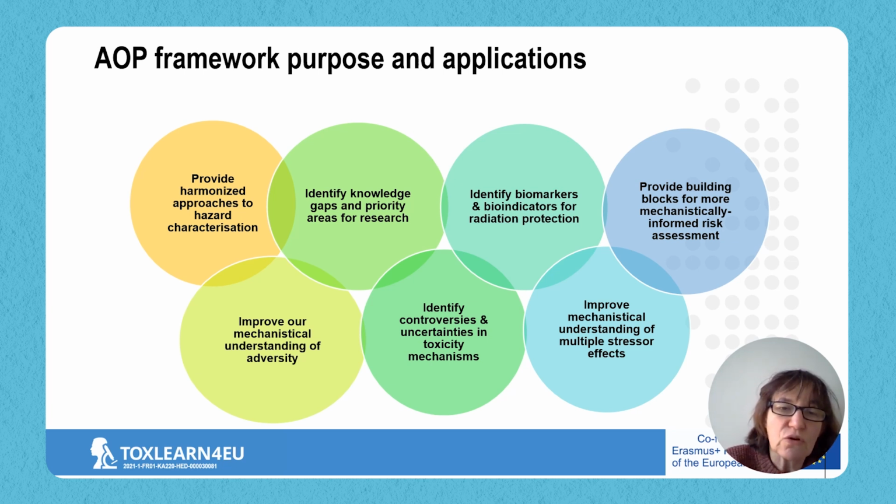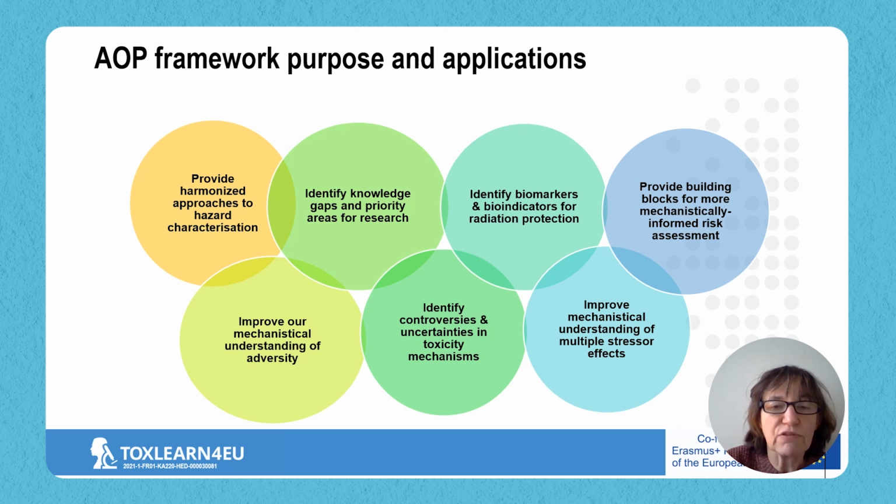The adverse outcome pathway framework has different purposes or different applications, if you can say it like this. So they provide an approach to hazard characterization. They also are able to identify knowledge gaps, priority areas for research.